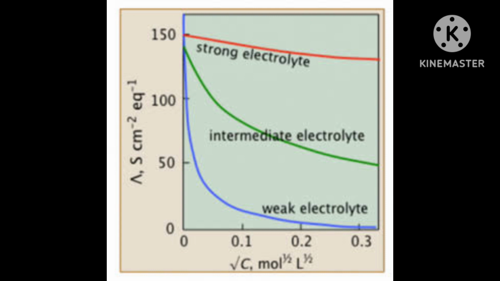This is a general rule only for conductivity. But if you talk about molar conductivity, then the case will be different, because molar conductivity is related to mole per liter. That is a must.